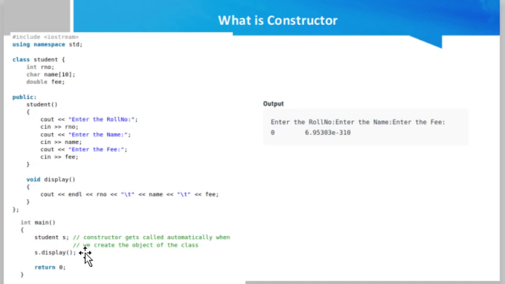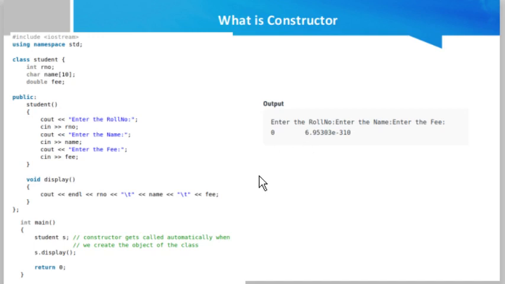So basically, see here, friend, whenever we have created the object of the Student class, it will automatically execute the constructor method, and this is an example of the output. It will output the roll number, name and the fee which you have entered on the screen.